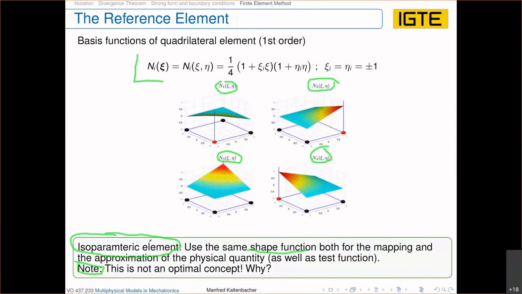Have here for the mapping basis functions which are bilinear or even quadratic or cubic. If you have a geometry which is very complex, where you have curved boundaries, then you clearly want to have a good approximation with this mapping between curved elements and a reference element.